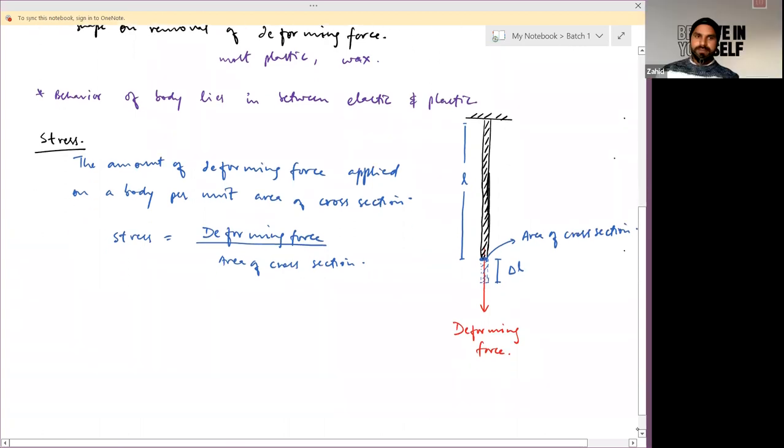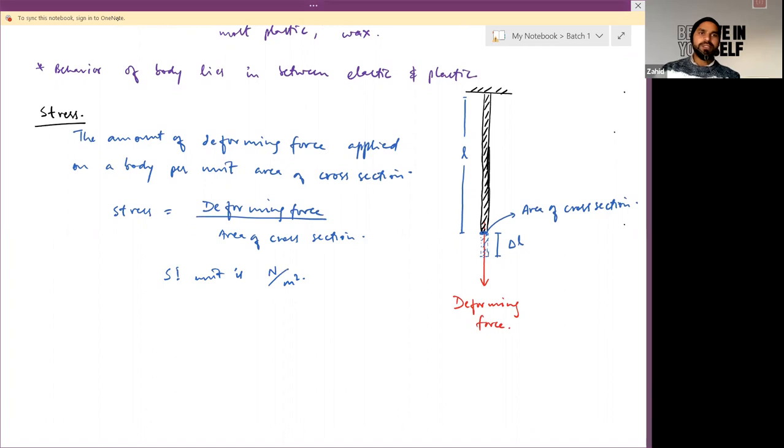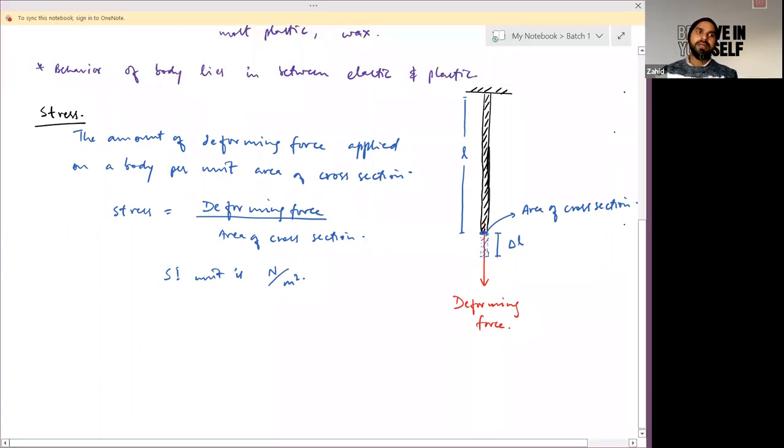Now, since stress is related to force and area of cross section, its SI unit will be Newton per meter squared. Next, corresponding to the application of stress, there will be some amount of deformation in it, let's say delta L along its length.